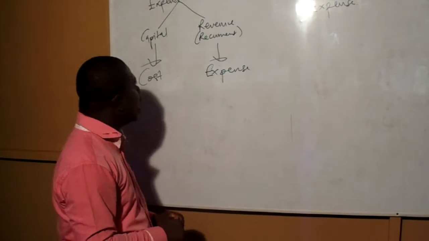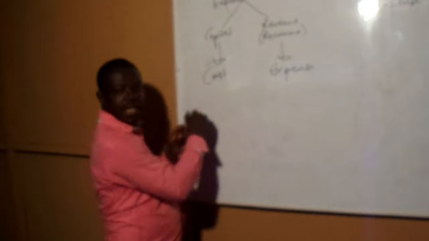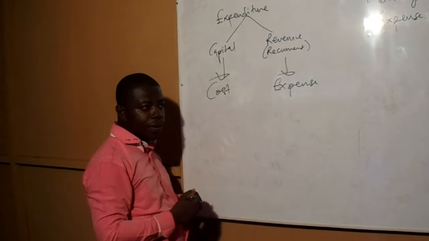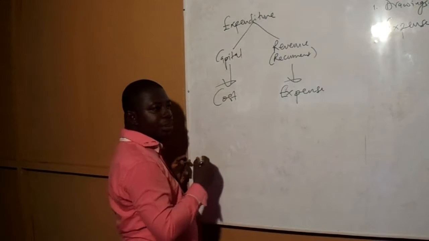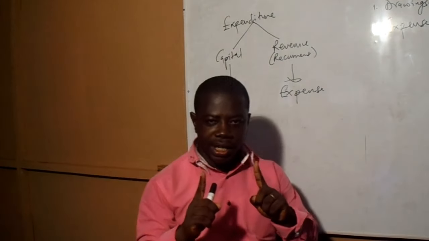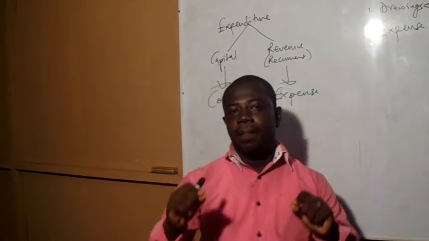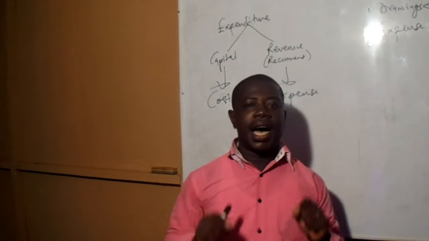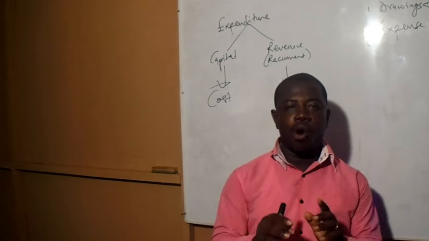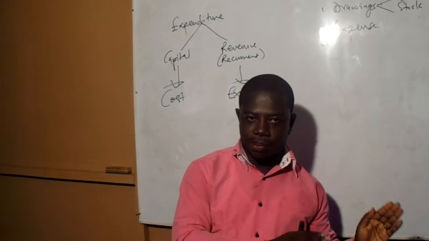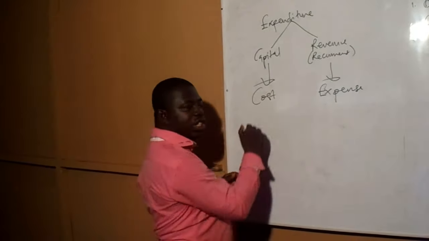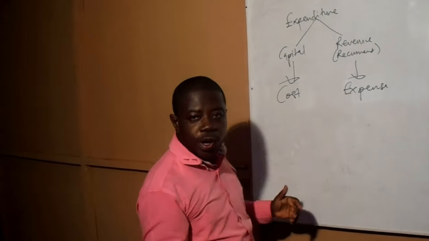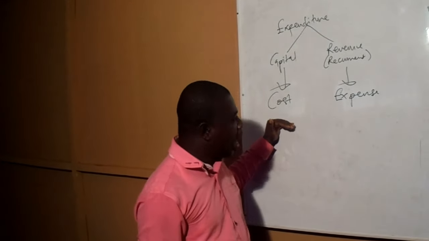Now take note that once there is cost, it is capital expenditure. Once there is cost, this cost is capitalized because we are not going to use it within just one year. Remember that I told you that non-current assets are assets that are used for more than one accounting period. So it tells us that we have to spread the cost we incur here over the useful life of whatever asset that we have acquired.